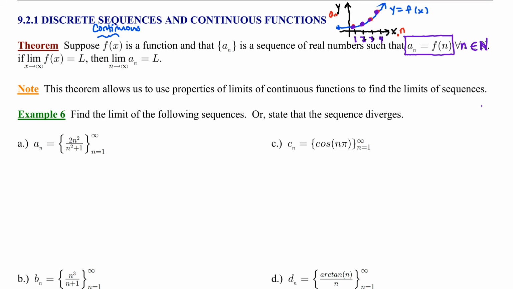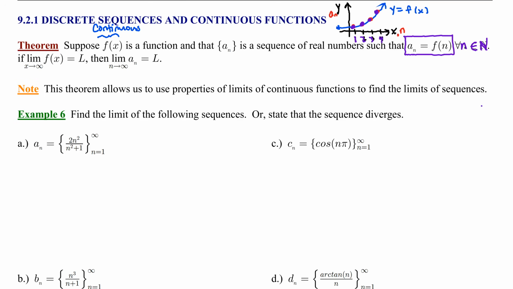The difference between the two structures is that the function f of x is continuous on its entire domain, let's say negative infinity to infinity. So you get a connected, continuous, smooth curve. Whereas the values of the sequence are discrete, distinct, unique points with distance between them on the graph.